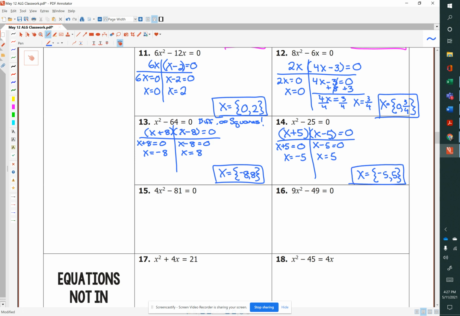Okay, number 15. This one will factor out to, we can take 2x minus 9, 2x plus 9. You could factor almost by grouping. So let's solve each of these separately.